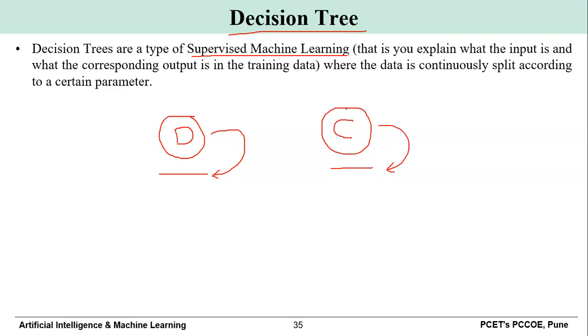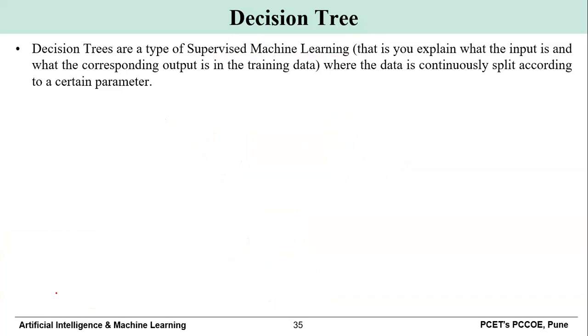Similarly, for every image of a cat, we train the data set for the cat. And then once your machine learning model is ready, you will provide an unknown image. And based on that unknown image, the machine learning model will tell you whether it is a dog, or a cat, or something else. So this is how a supervised machine learning model works.